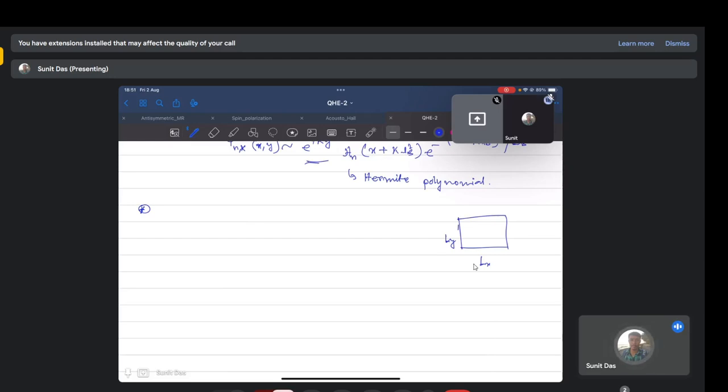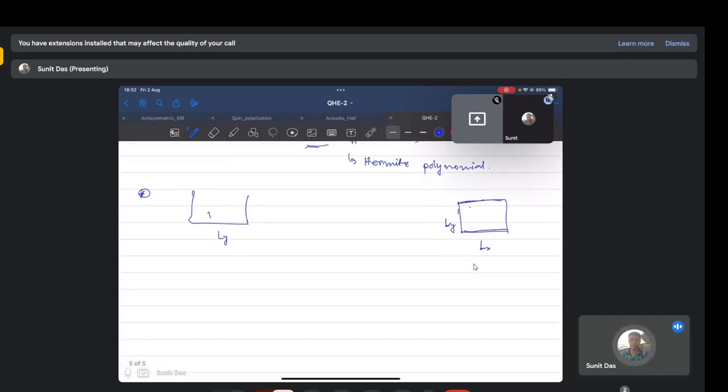It's kind of like that, because if my sample is restricted to L_y, then the particle cannot go beyond L_y, because outside the sample there can be no electron. We are talking about the electrons of a solid state system of dimension L_x and L_y. So it's a kind of potential well of length L_y in the y direction.